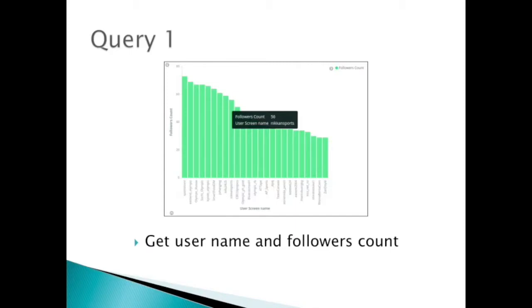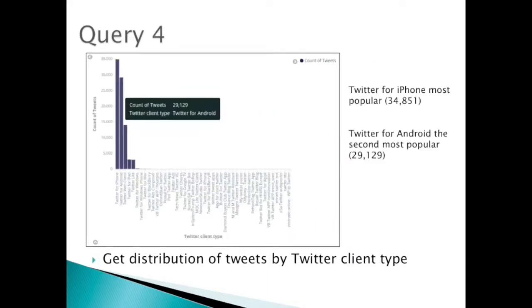Here's the first one. This was a simple query to get the username and the followers count for the top 20 users. When they're presented this way, you can see our user Nikon Sports has 56 followers. Another query that we were wondering about was what type of Twitter client is in use.